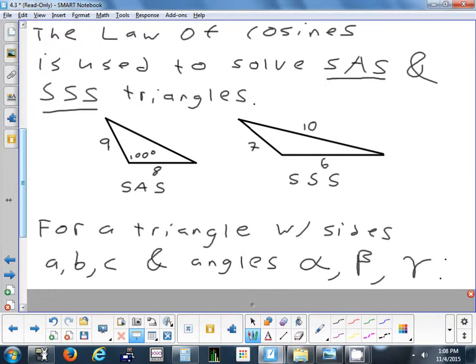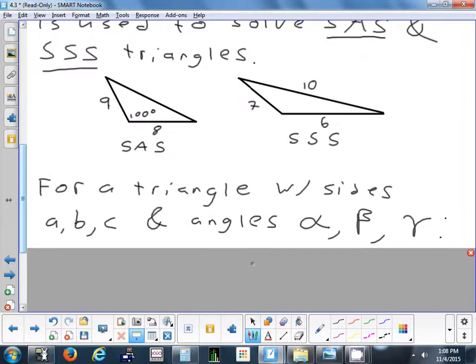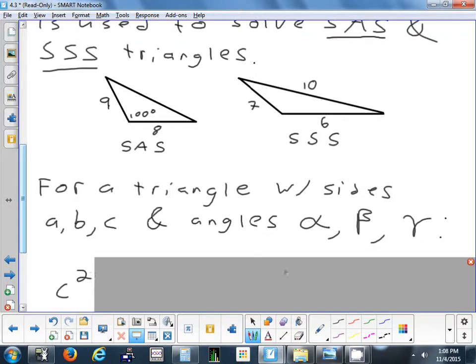Okay, well, this one's more like 3 equations. Okay, and which equation you use, it just depends on what you're given. So in my formulas, A, B, and C will be sides. Alpha, beta, and gamma, angles. And it starts out like that.